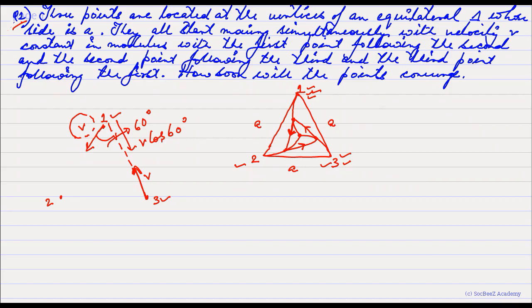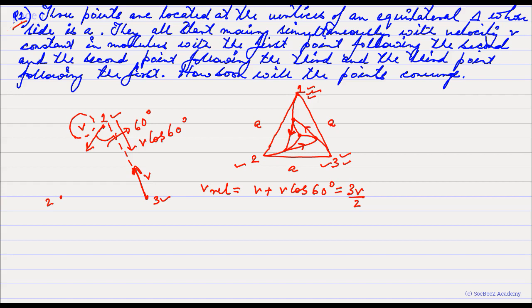So the relative velocity of 1 with respect to the third point is going to be equal to v plus v cos 60 degrees, that is 3v by 2. This was the initial relative velocity of particle 1 with respect to particle 3.